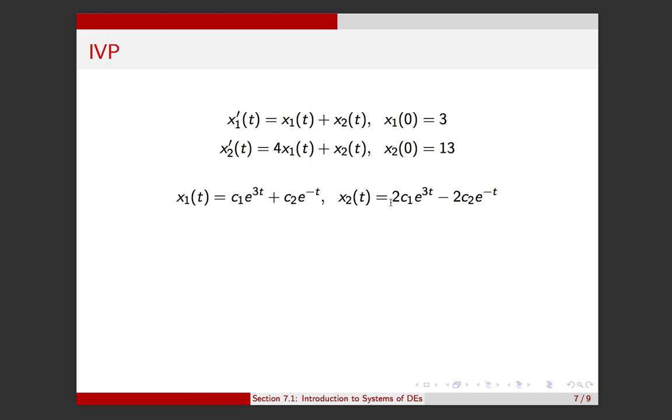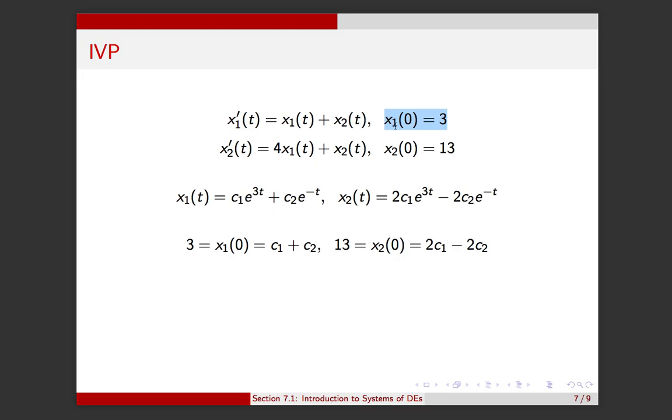Once you have the general solution, the solution with the degrees of freedom baked in, these constants that can roam, then you remember, oh yeah, I had these conditions on my x1 and x2 functions. So let's unpack what those conditions mean. Well, x1 is this, highlighted in blue. So what is this initial condition saying?